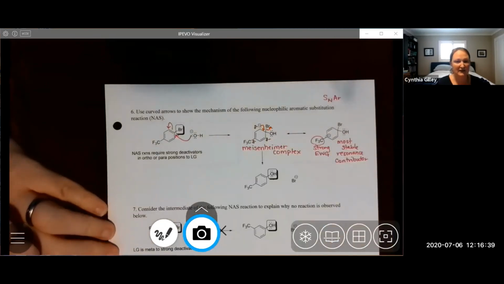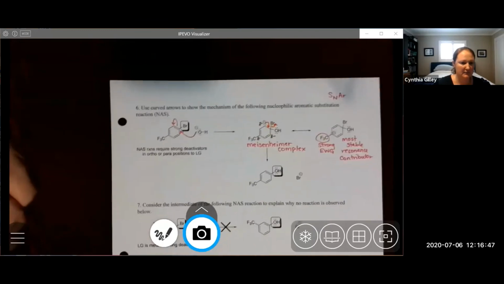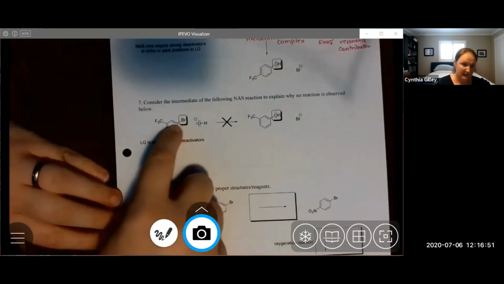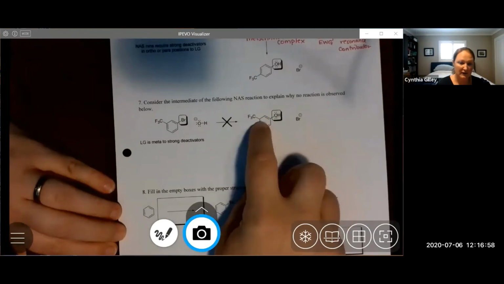And that means the activation energy for that is too high and the reaction does not proceed at a reasonable rate. And it doesn't work. So that's this example here where the leaving group is meta to the strong electron withdrawing group. This reaction does not work.